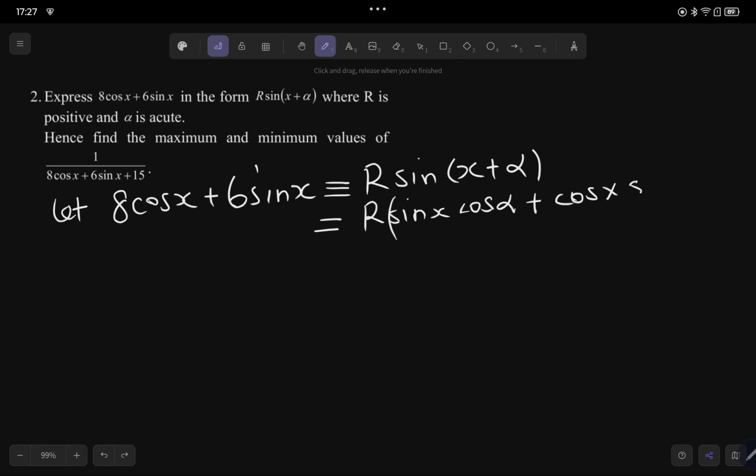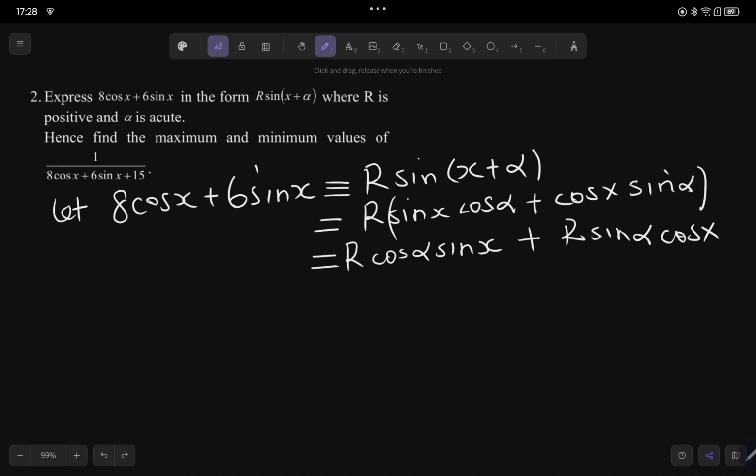Cos x sin alpha. Then we open the brackets: r cos alpha sin x, and we have r sin alpha cos x.